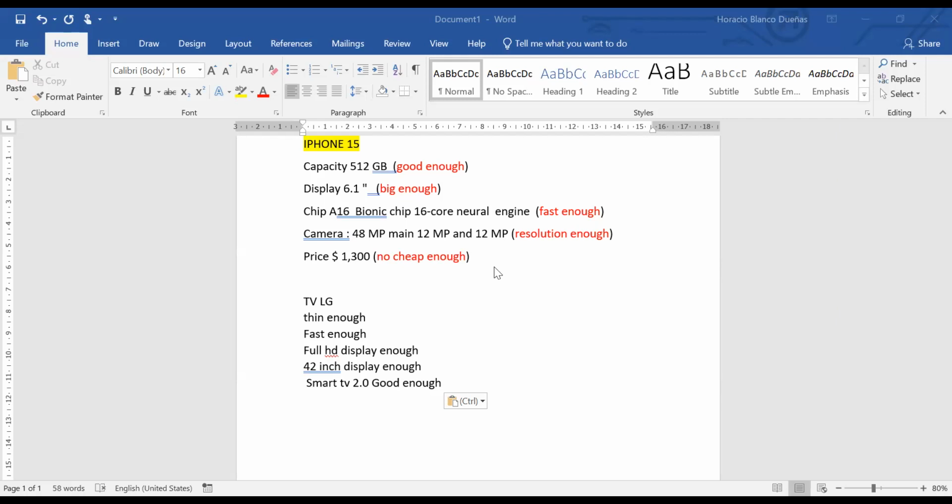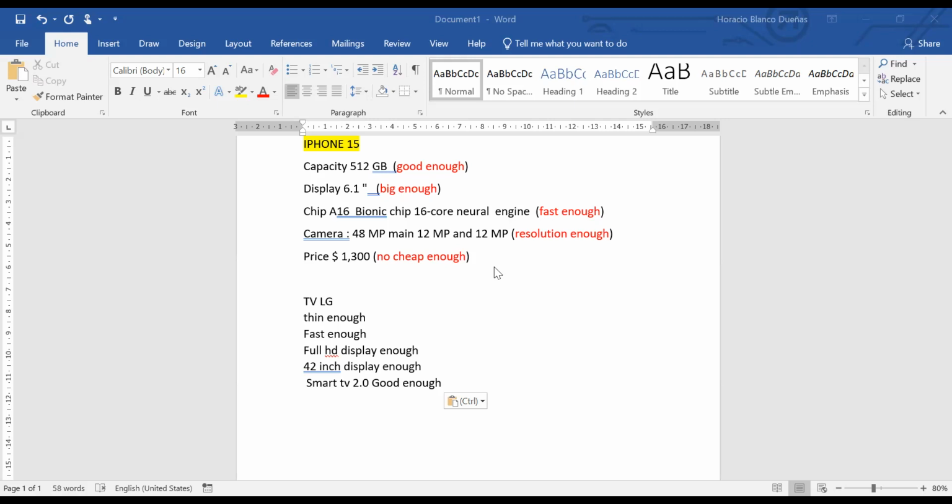The processor is a chip A16 Bionic. It's a chip core neural engine. It's fast enough. The camera have 3 cameras. The main is 48 megapixel and 2 cameras of 12 megapixel. The resolution enough.